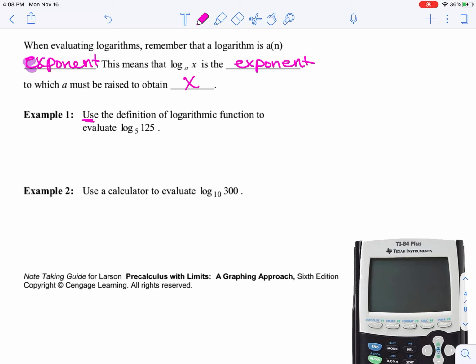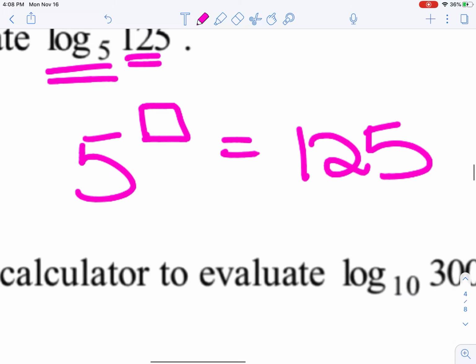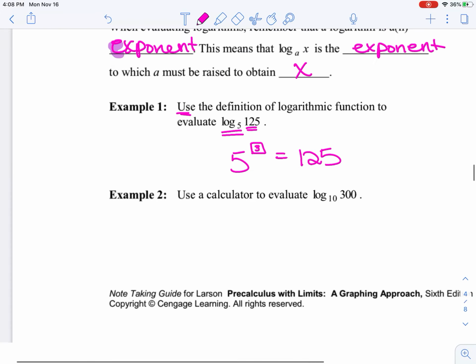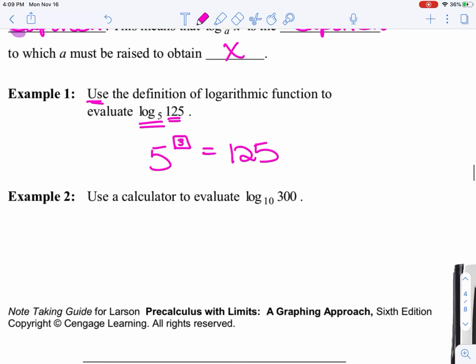So for example, use the definition of a logarithmic function to evaluate log base 5 of 125. Basically, we're saying that 5 to some exponent equals 125. Well, I know 5 squared is 25, so 5 to the third is going to give me 125. So therefore we say x equals 3.